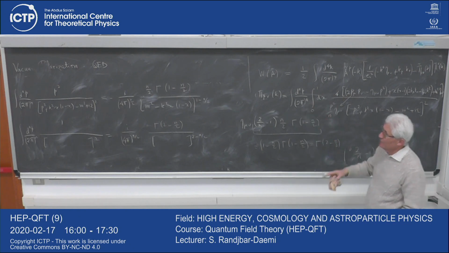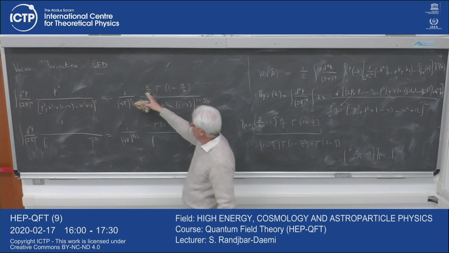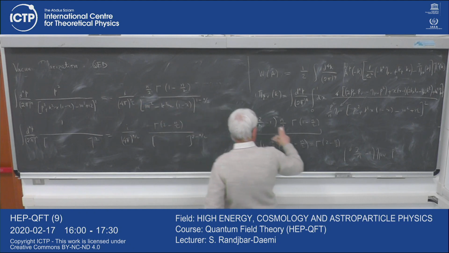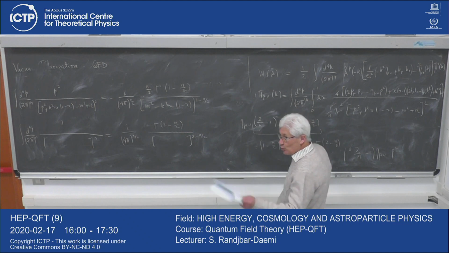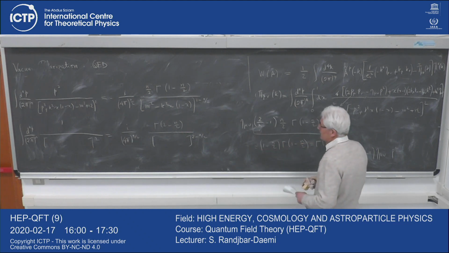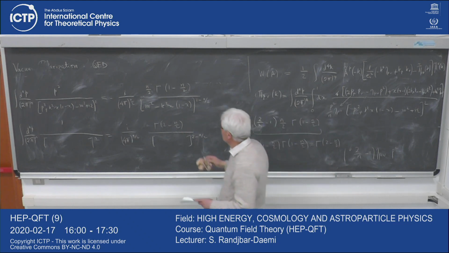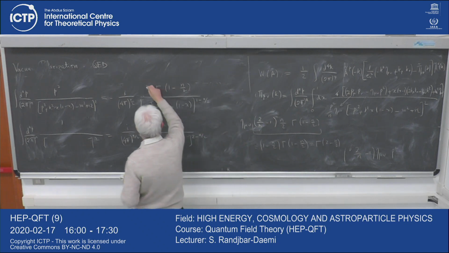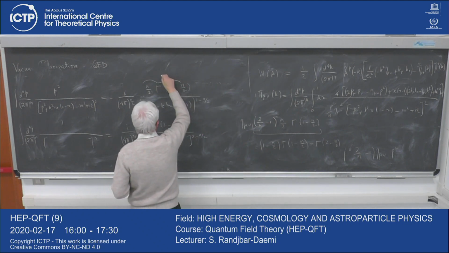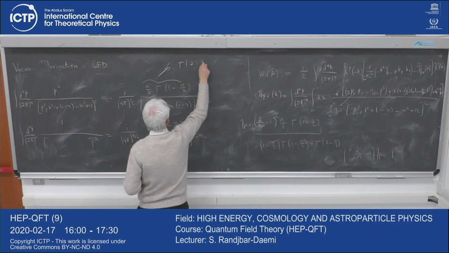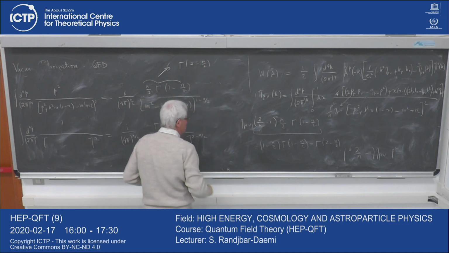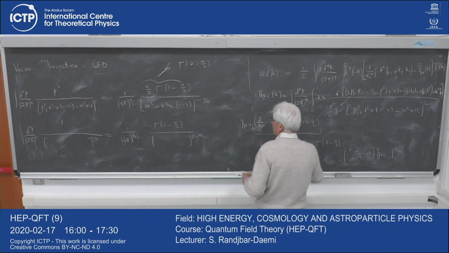When you take care of this n over 2 from here, the gamma function from there, and 2 over n minus 1 from here, and put all of them together, effectively the numerator will go to gamma of 2 minus n over 2, if you take this part into account.